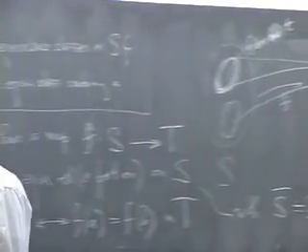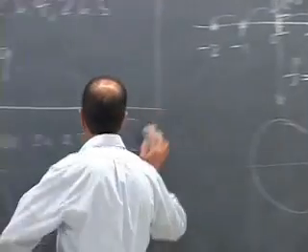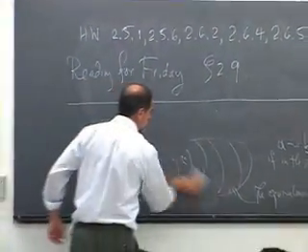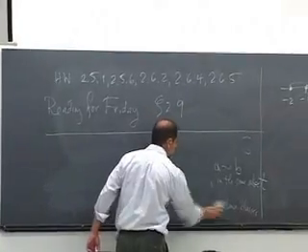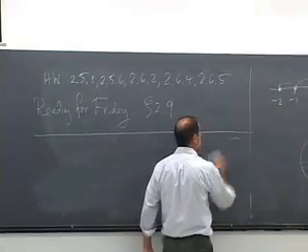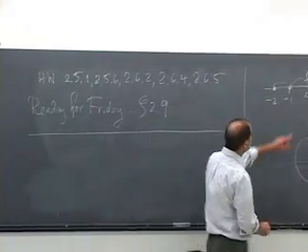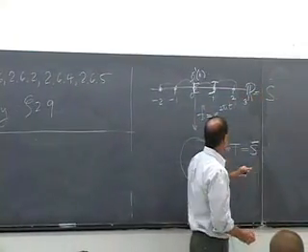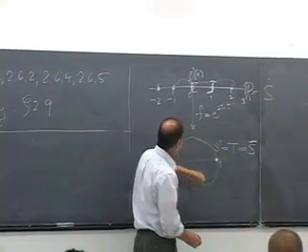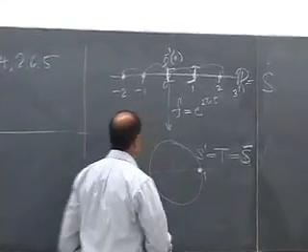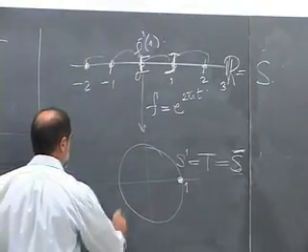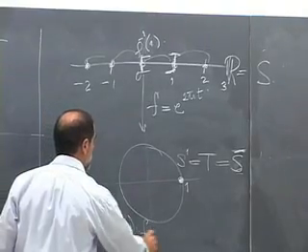Now, maps of sets are fairly complicated, but we're going to apply this to maps of groups, where the situation is much nicer. By the way, this is a map of groups. This is a homomorphism of groups. Here we have the additive group of real numbers. And here we have the multiplicative group of numbers on the circle. And it happens to be the fact that f of a plus b is f of a times f of b.